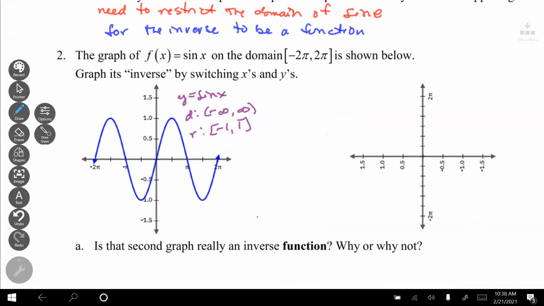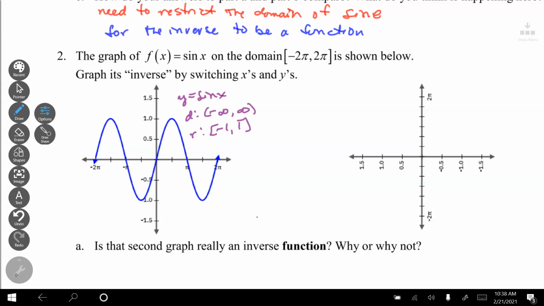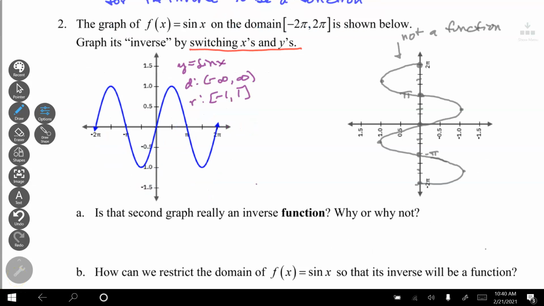Now in the second part, I'm going to draw the inverse by switching x's and y's. I'm going to do that off camera. So you can tell I drew the inverse over here by switching x's and y's, and you can tell it's not a function because it does not pass the vertical line test.